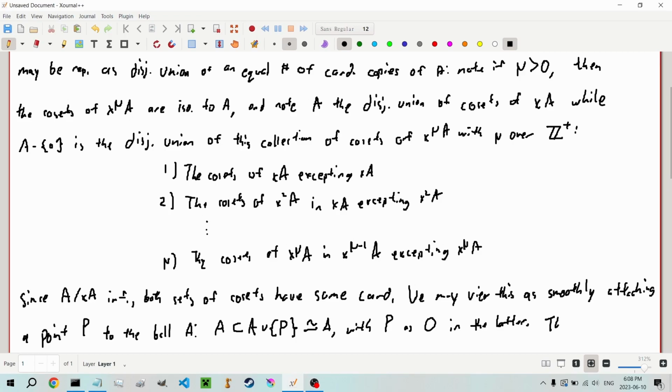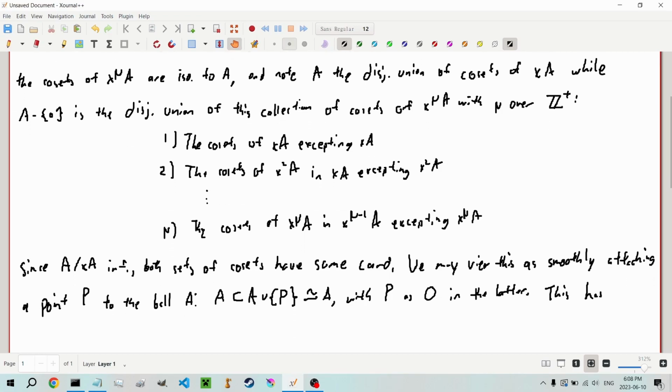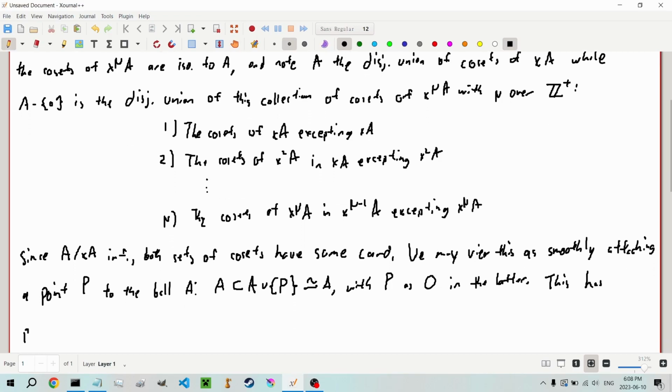And this attaching has 3 important properties. First off, the intersection of A and P is a Hausdorff analytic manifold.